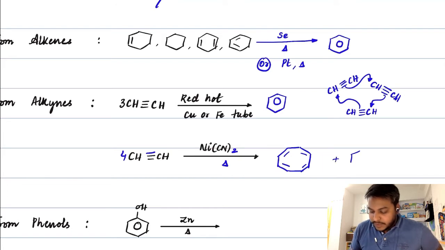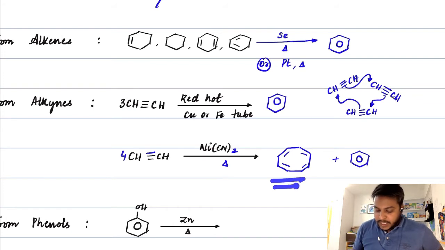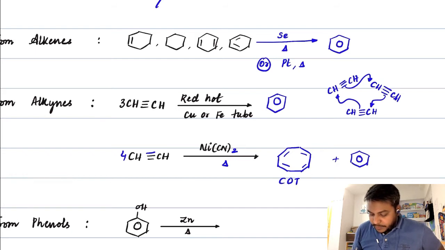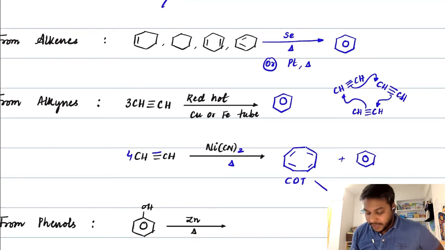Well, along with that, there is a side product formed, which is benzene, but this is a very special reaction. I would suggest remembering that this is tub shape, what we call cyclooctatetraene. This is how the shape would be.